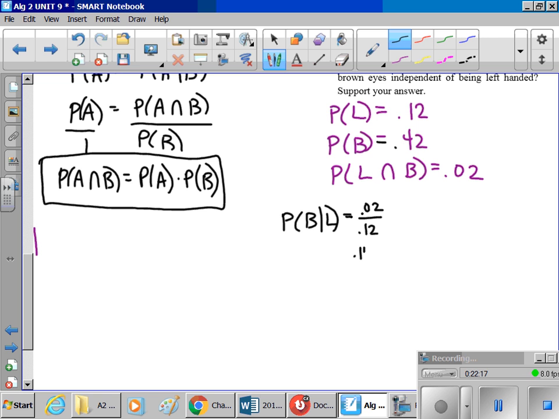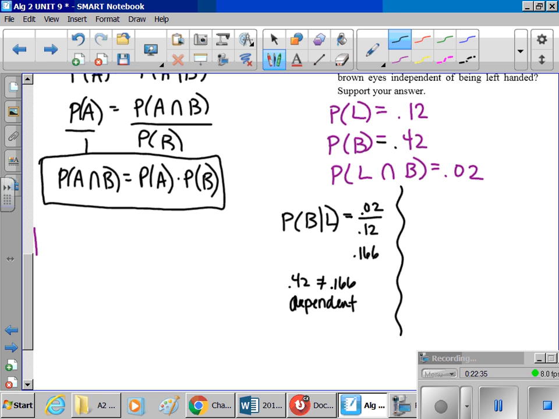So this is 0.166. So since 0.42 does not equal 0.166, we know that they're dependent. They're not equal.